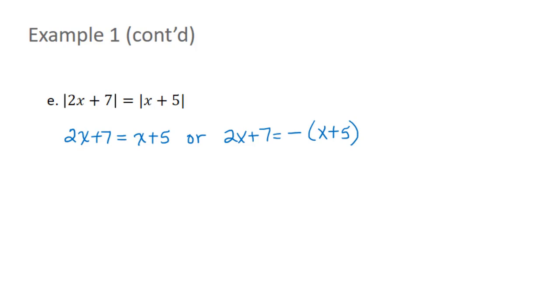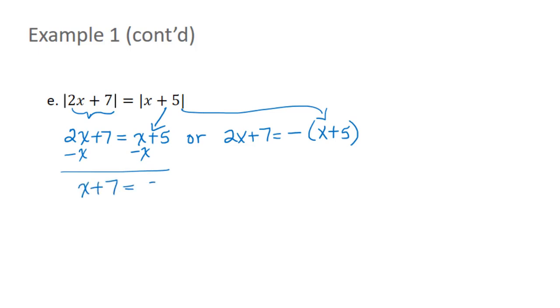So one of those quantities stays the same. Notice 2x plus 7 and 2x plus 7, but then I set it equal to the expression itself or to the opposite. Solving these, I can subtract x from the first equation on each side to get x plus 7 is equal to 5, and then subtract 7, so x is negative 2.